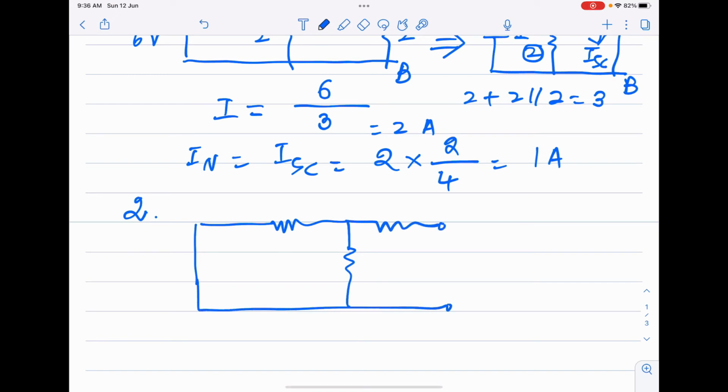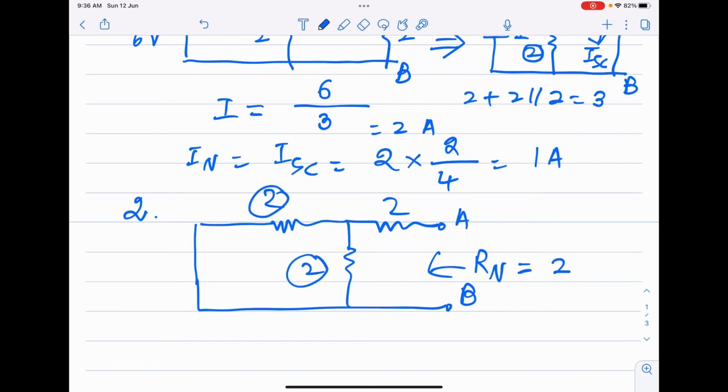We will remove the short circuit across the terminals A and B. So I can find the value of the Norton resistance, which we write as Rn, which is equal to 2. This 2 ohm and this 2 ohm resistance will be in parallel with each other. Therefore, 2 parallel 2 plus 2, so this is nothing but 1 plus 2, that is 3 ohm resistance.